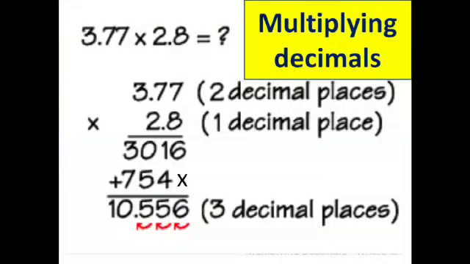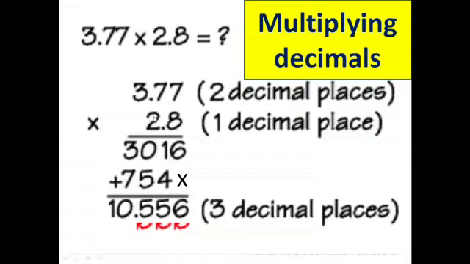Let's understand with one more example. 3.77 into 2.8. Here in 3.77 there are two decimal places, and in 2.8 only one decimal place. First I will multiply 377 by 28.